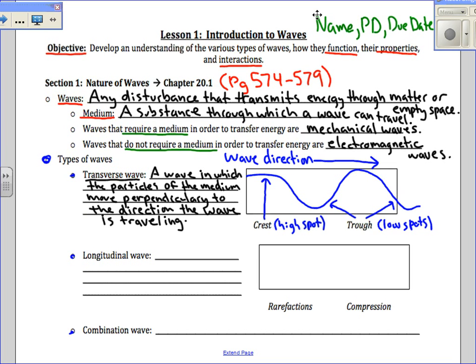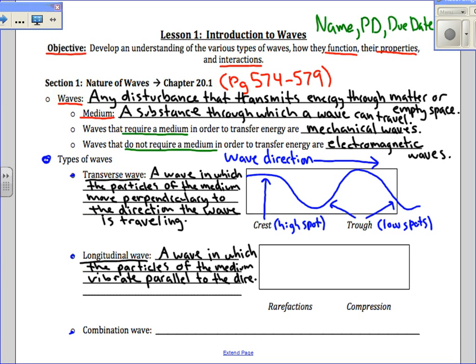Now, a longitudinal wave is a little bit different. This is a wave in which the particles of the medium vibrate parallel to the direction of wave motion.